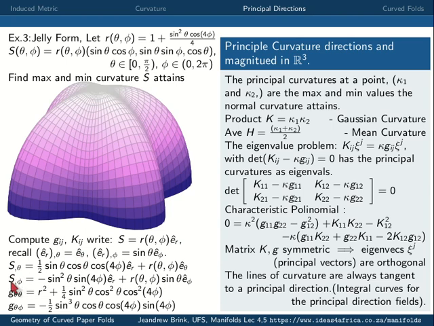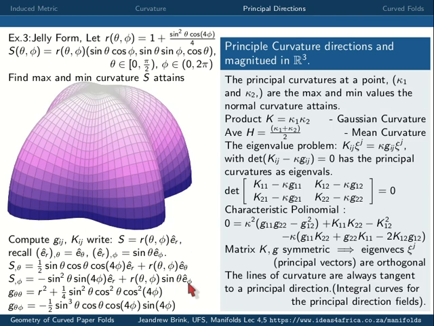And you can work out S's derivative with respect to phi, which is once again R's derivative with respect to phi times ER, plus R times ER's derivative with respect to phi, which is just sine theta E phi.